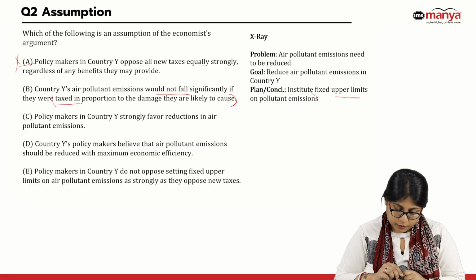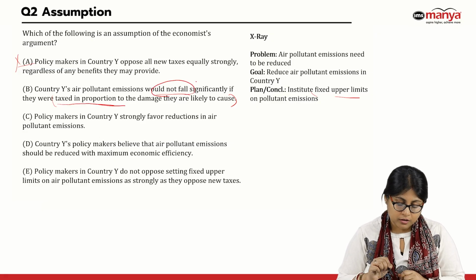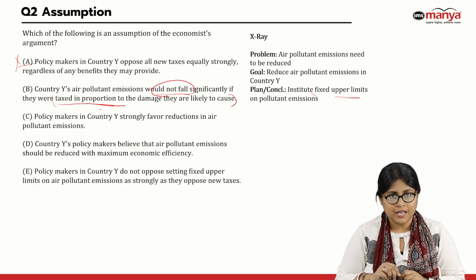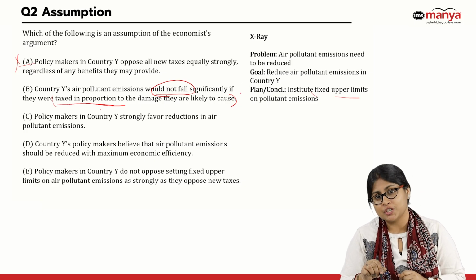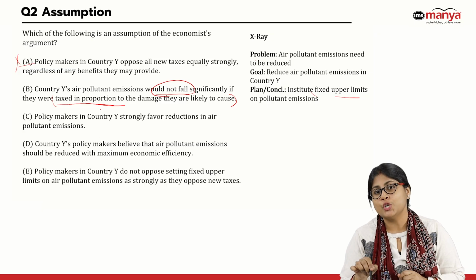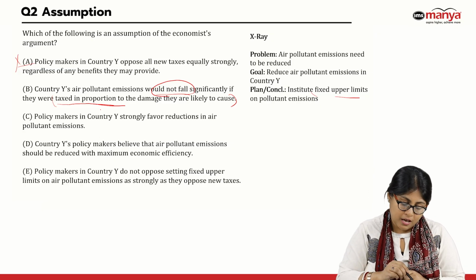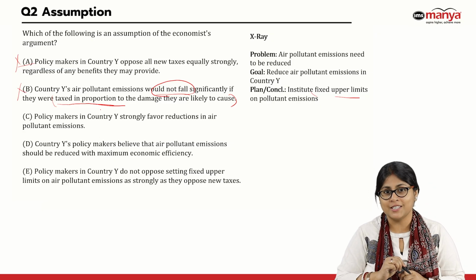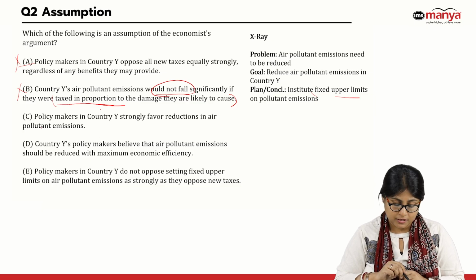So if they are taxed, even if they will not fall significantly, this doesn't help in my plan to achieve the goal. It doesn't connect my plan of action to the feasibility of the goal. Again, my conclusion does not depend on this. Out of the story.